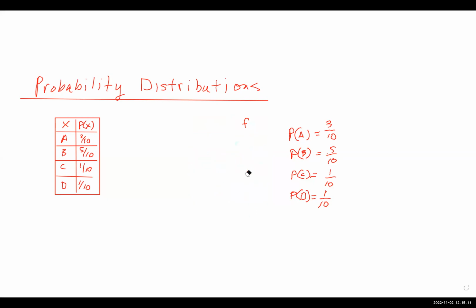Now these are called discrete probability distributions because they have a discrete number of outcomes. Remember, discrete data is data we can count, like students in a class. I can count how many students are in the class.